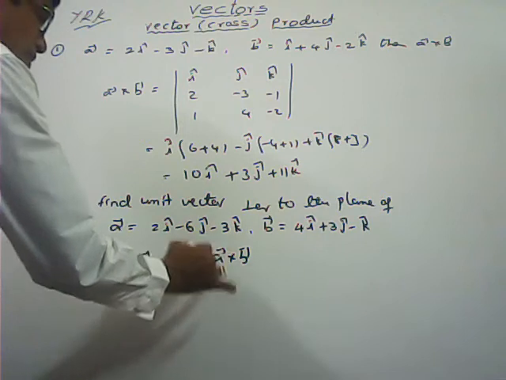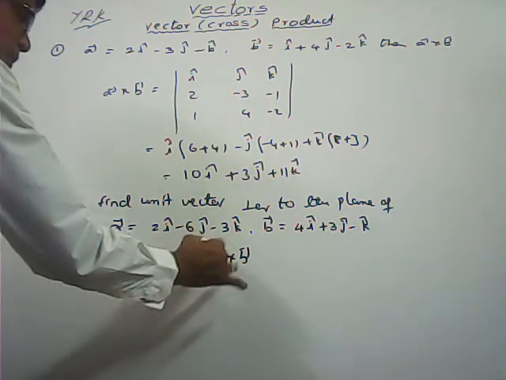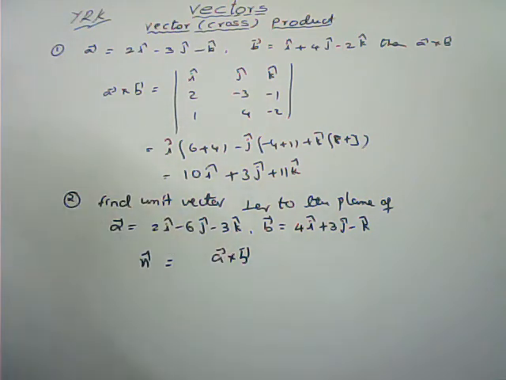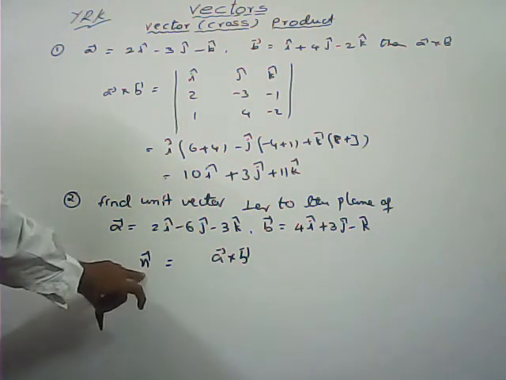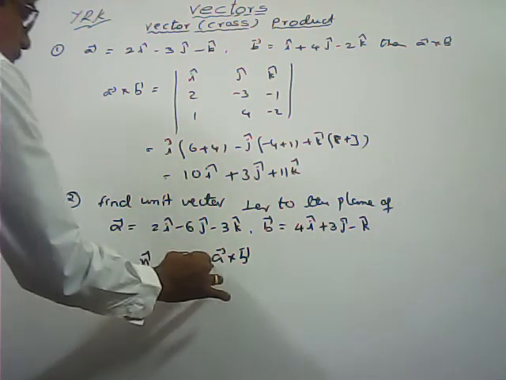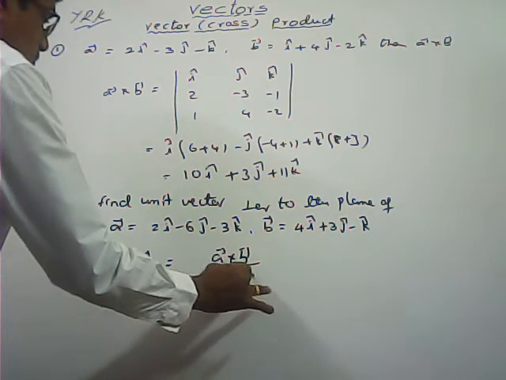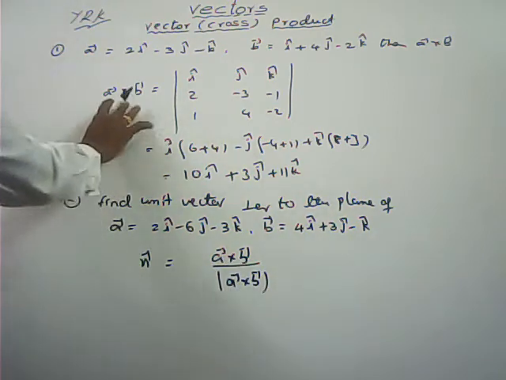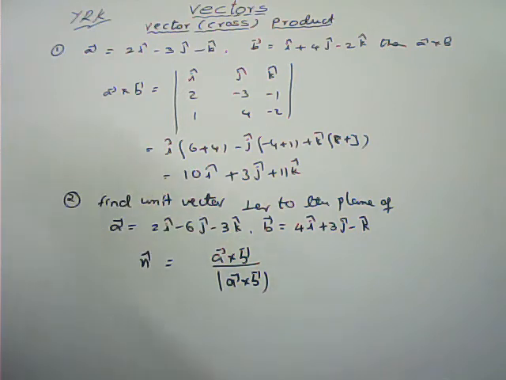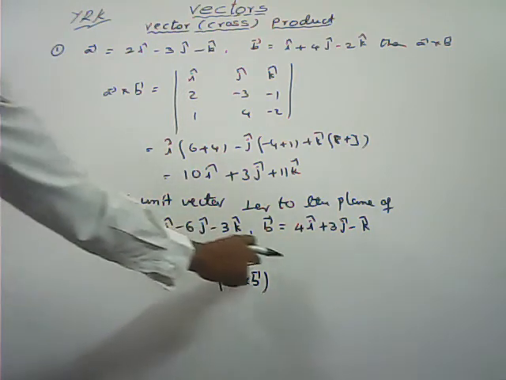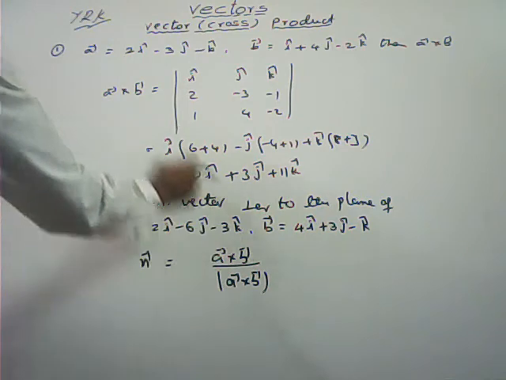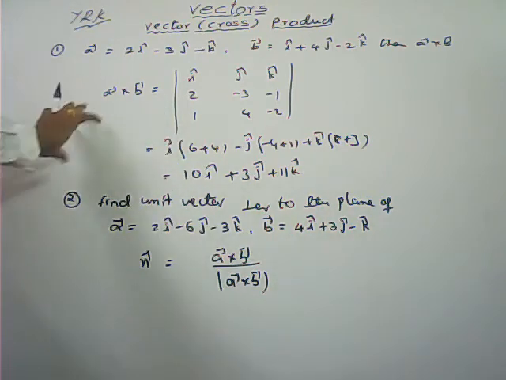So this A bar cross B bar is perpendicular to both A bar B bar, and here they are asking unit vector, that should be divided by its modulus. Like this, here also you can find A bar cross B bar. After getting that one, here two vectors are given, you can find A bar cross B bar by using the same method.